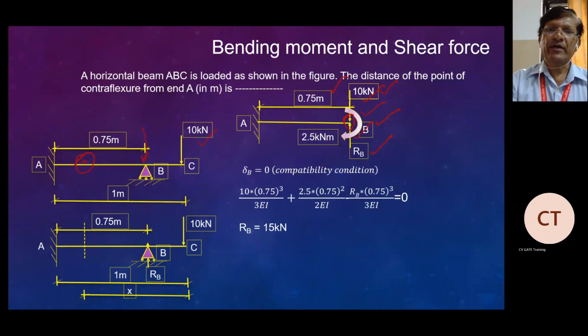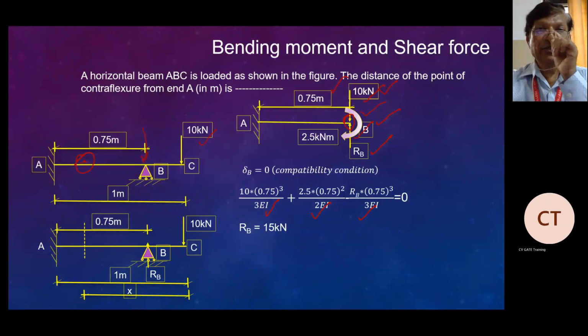We need to calculate RB. Once you know all the things, you can solve this equation. By solving this equation, you can get RB. RB is equal to 15 kilonewton.